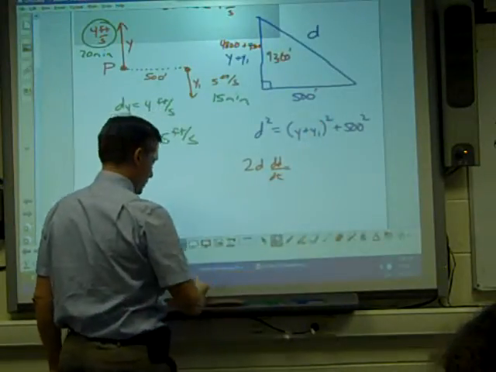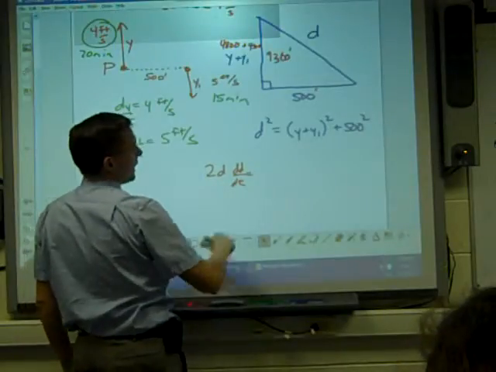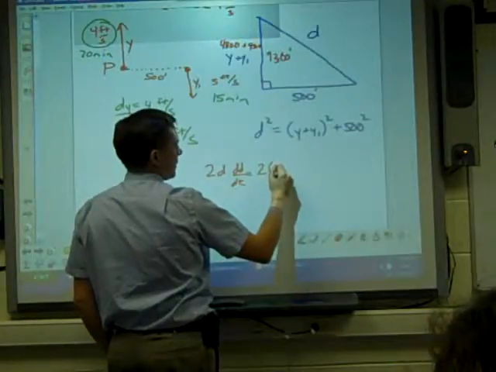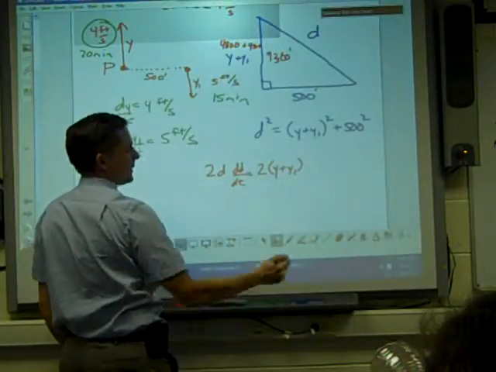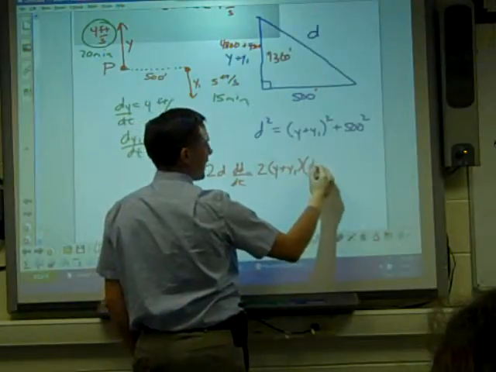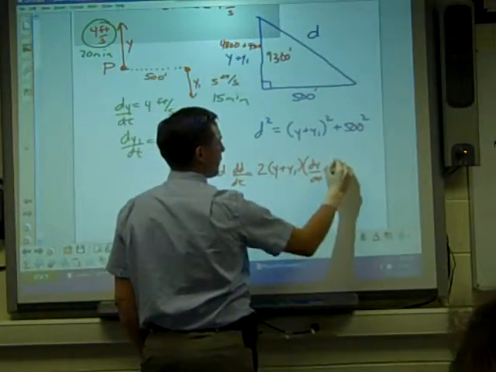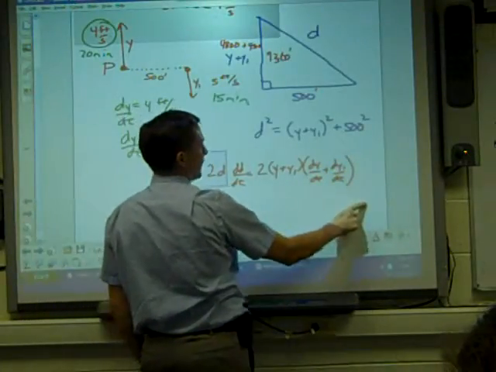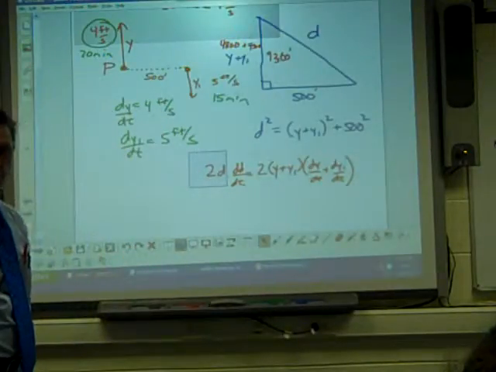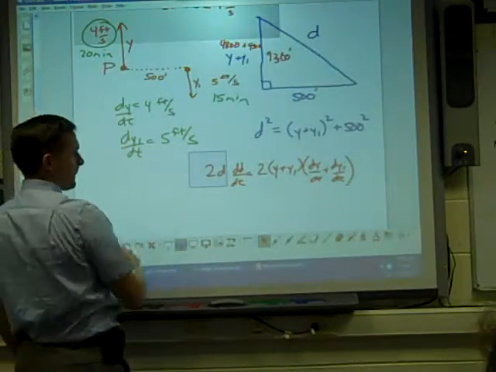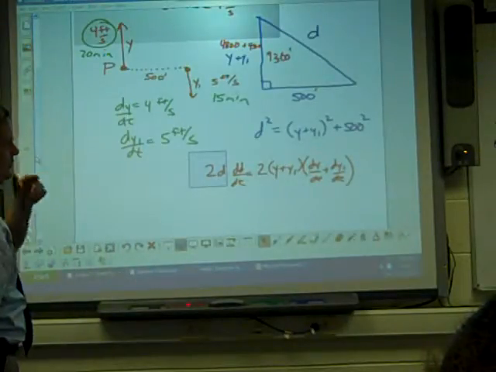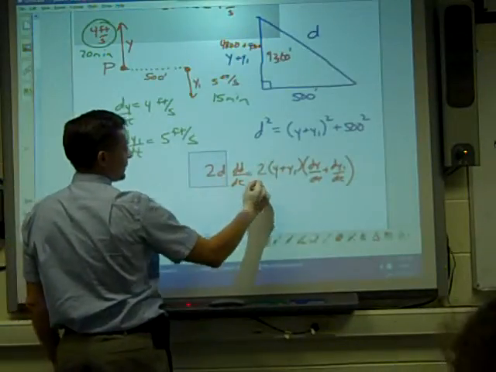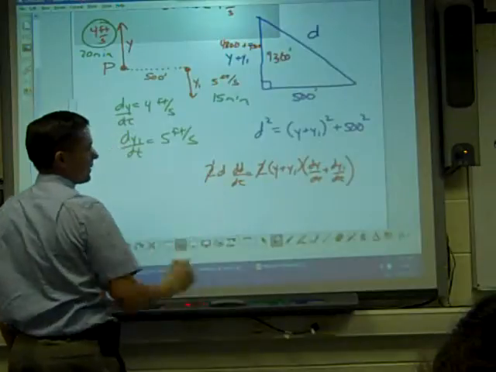I'm going to do this as a chain rule: 2 times (y plus y1), and then the derivative of y plus y1 is dy/dt plus dy1/dt. And what's the derivative of 500 squared? 0, because it's a number. Since every term on both sides has a 2, we can cancel the 2's.